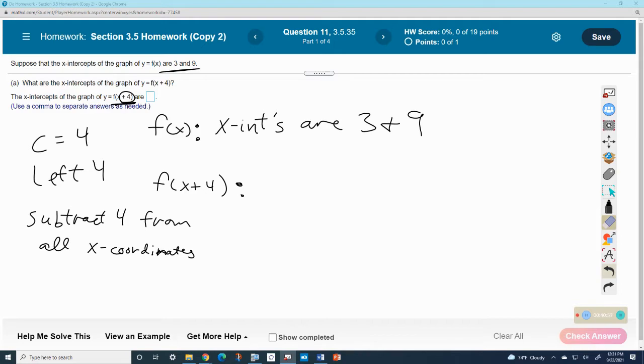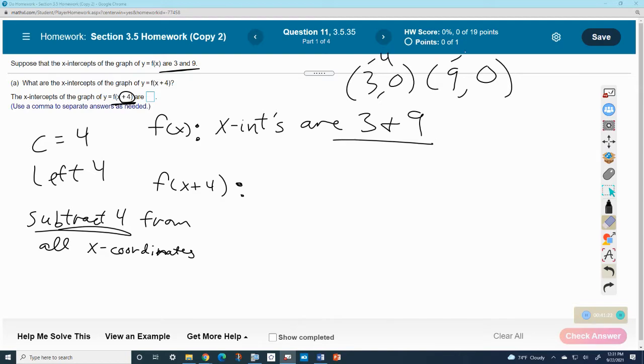Alright, so then what does that do to the x-intercepts? The x-intercepts are (3, 0) and (9, 0). What is this going to do to those? It's going to change the x coordinates. It's not going to change the y coordinates, but it's going to change the x coordinates. So it's going to subtract 4 from both those x coordinates.